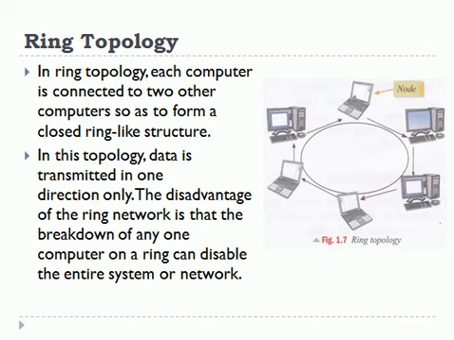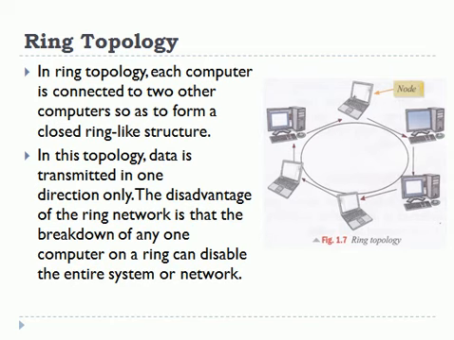As you can see in the picture, a node is connected with another node, and that node is also connected with its right-hand and left-hand nodes. So it is forming a ring-like structure. That is why it is known as ring topology.